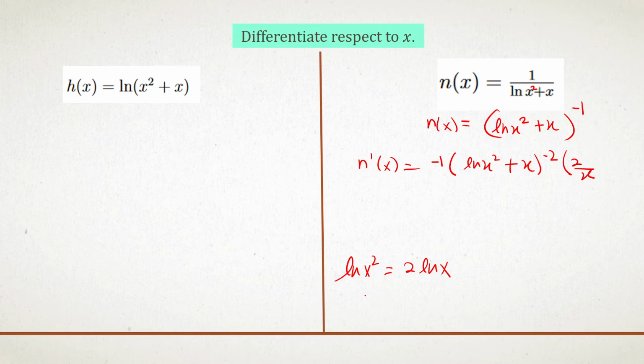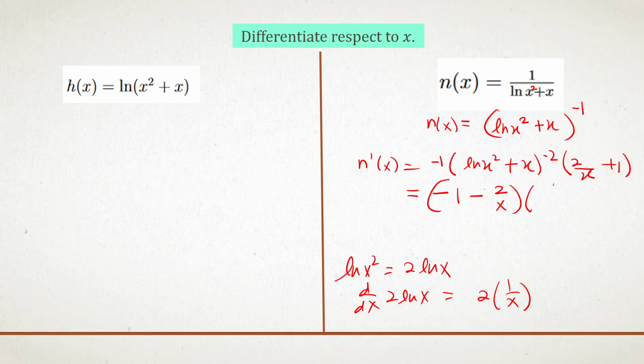So differentiating 2 ln x equals 2 times 1 over x, so 2 over x, and plus 1. If I want to make it look nicer, my thing will become minus 1 minus 2 over x, multiplied with 1 over (ln x) squared, plus x to the power of 2.